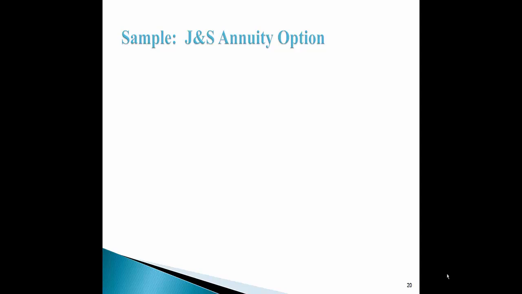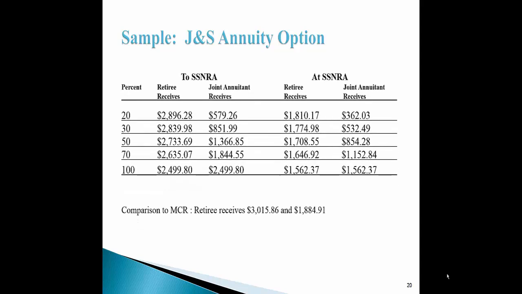Sample J&S annuity option. The sample shows the monthly benefit the retiree would receive based on the percentage elected at the time of retirement. It also shows the amount the joint annuitant would receive should the retiree die.